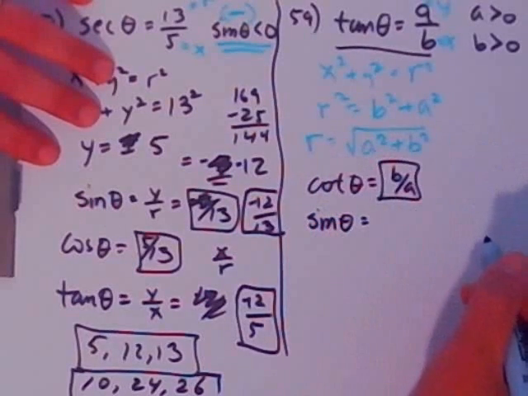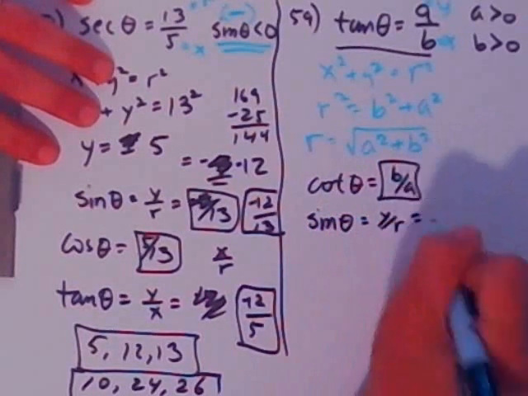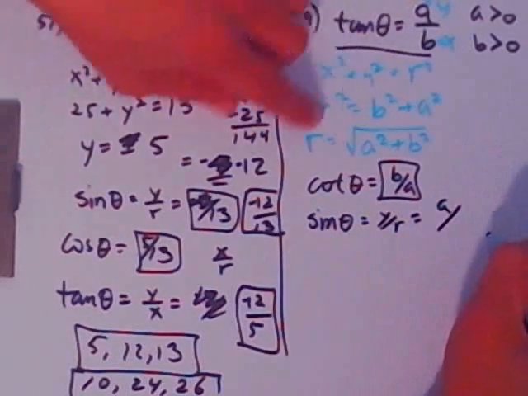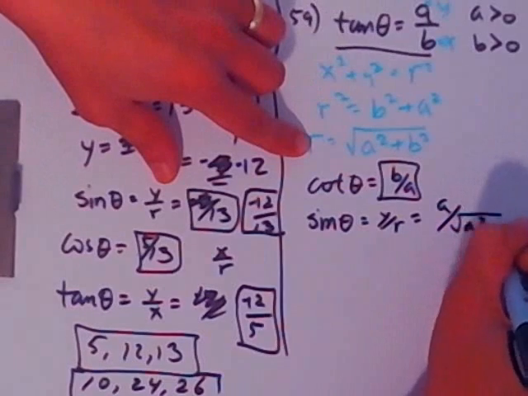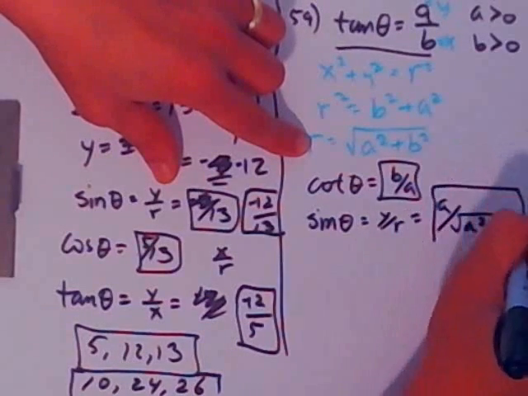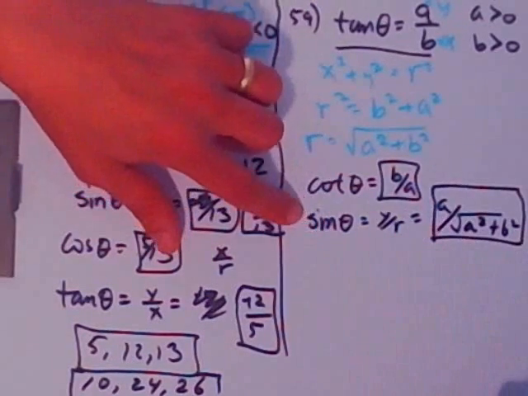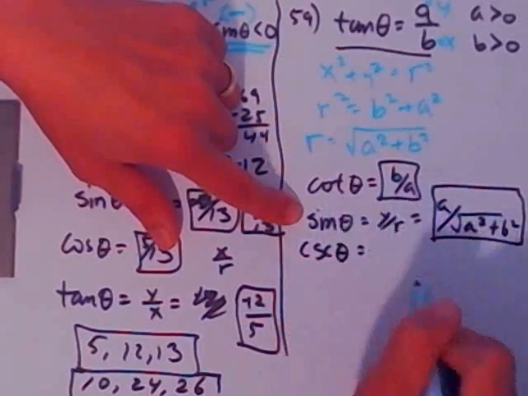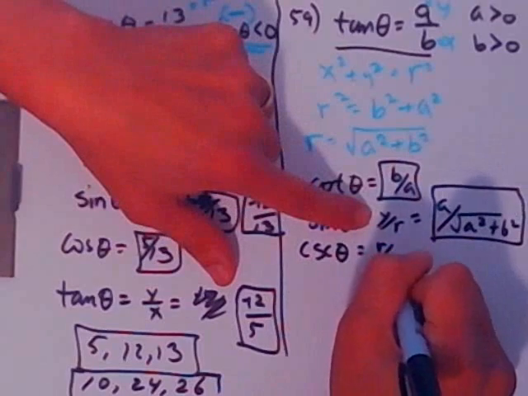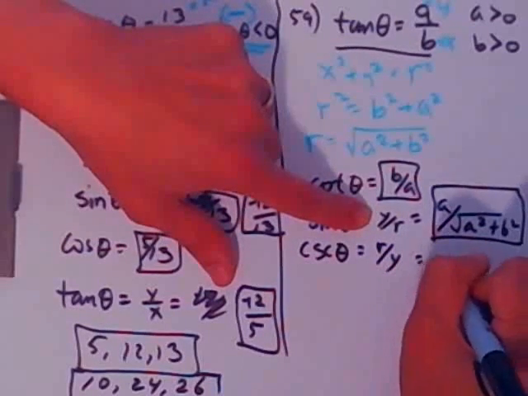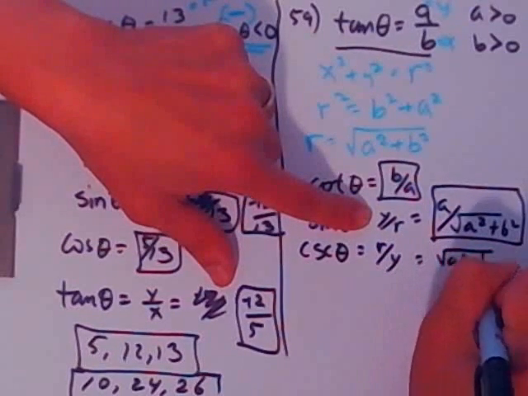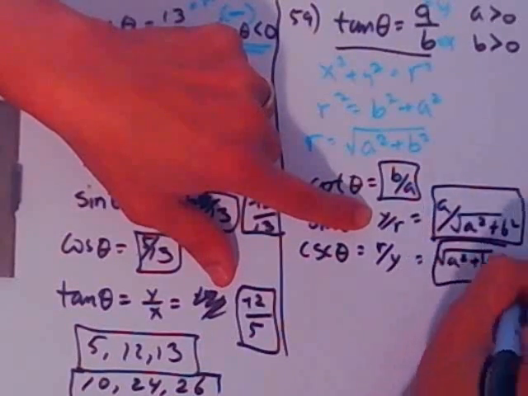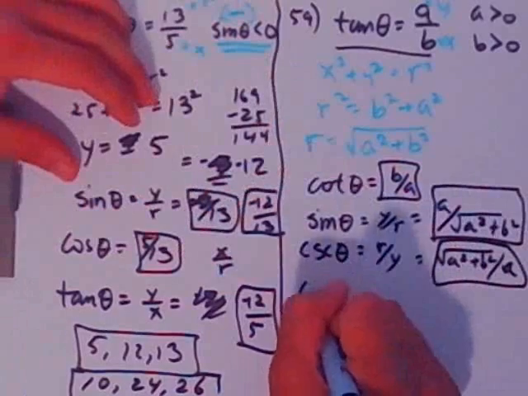Let's do the sine of the angle. It's y over r. What's my y value? A over r, square root of a squared plus b squared. What's the reciprocal of the sine? It's the cosecant of the angle, which is r over y, right? So square root of a squared plus b squared over a. What's the cosine of the angle?